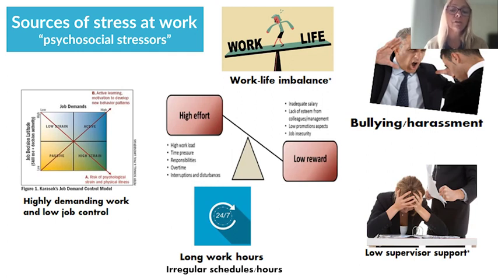The Workplace Bullying Institute does an annual survey, and even through the pandemic, around 27% of people experienced bullying, which is significantly related to staff turnover, as well as health problems for individuals who experience that at work. Long work hours, we know, as well as irregular schedules and hours, are also major stressors that have been linked to ongoing chronic disease problems.